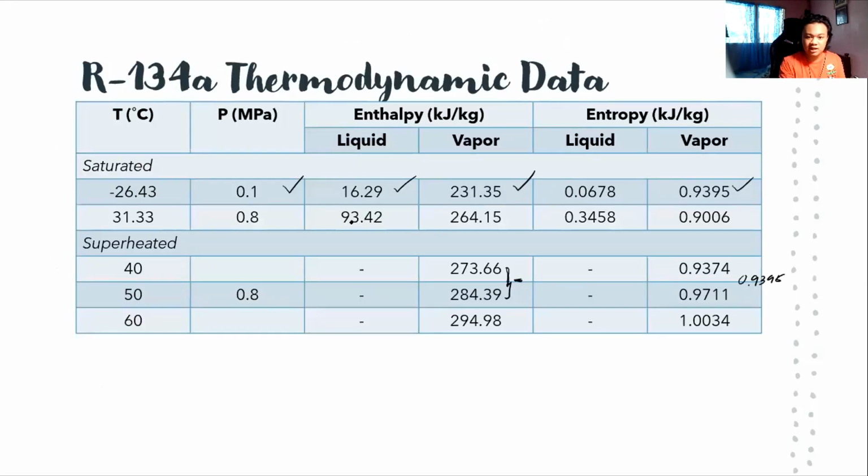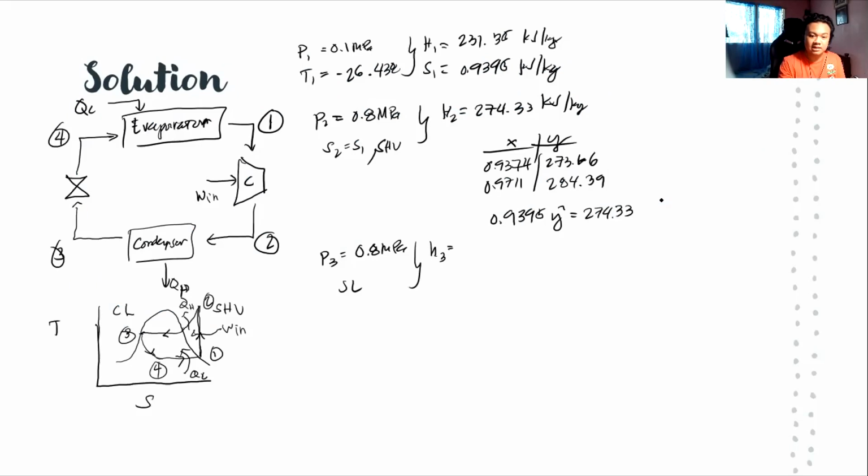So H3 here is at saturated liquid, 93.42, and then our entropy is for liquid. So S3 and H3: you have 93.42 and then 0.3458. Okay.